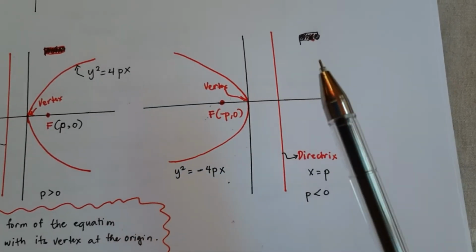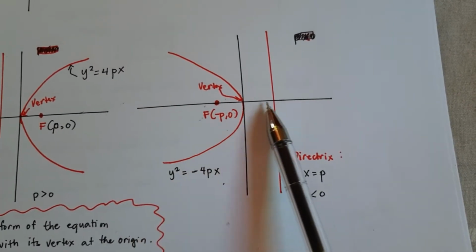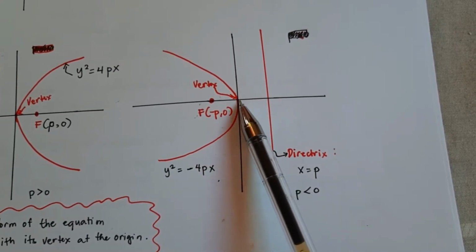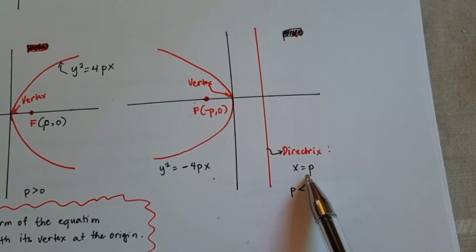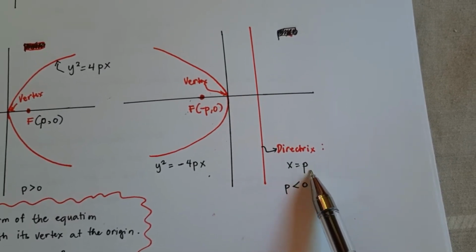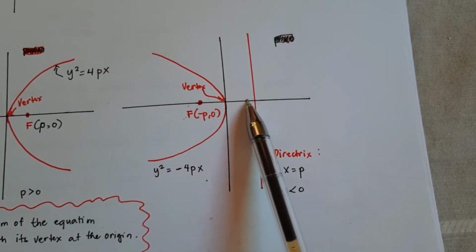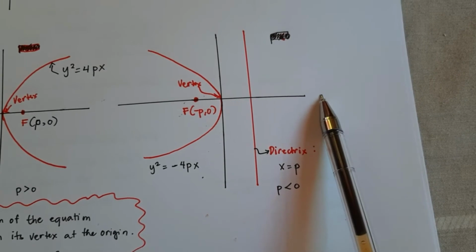So, kung mapapansin nyo, ang focus dito, negative na din. Kasi, yun yung nasa x-axis. So, negative p, 0. And then, vertex, directrix. Positive na dito yung directrix or the value of p, which is the value of the number in the x-axis.